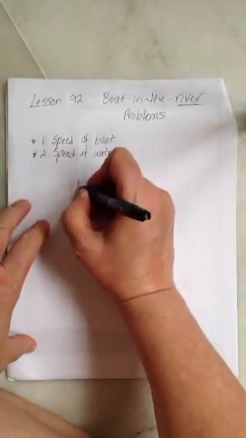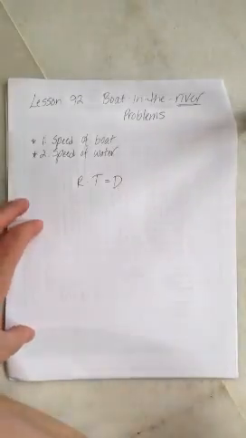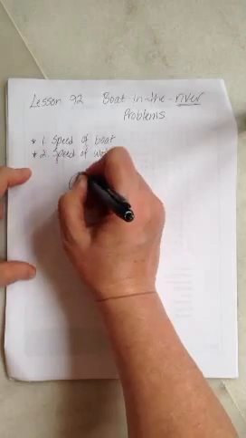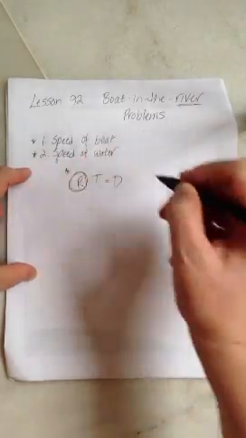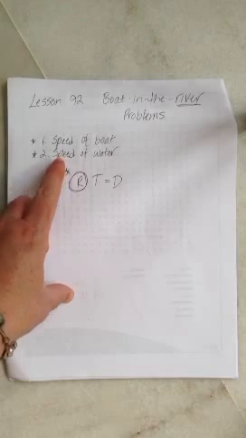And in order to use our usual rate times time equals distance formulas, which are going to be the backbone of these problems, we have to take into account that our rate is going to include both the speed of the boat and the speed of the water.